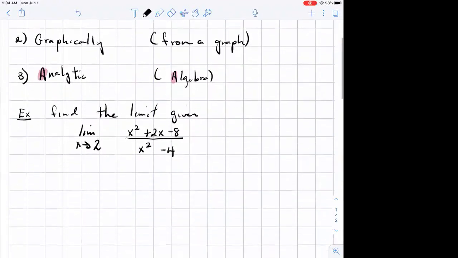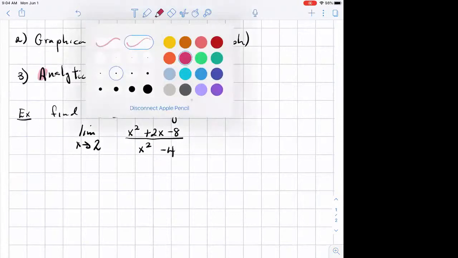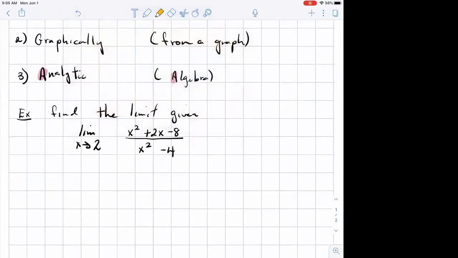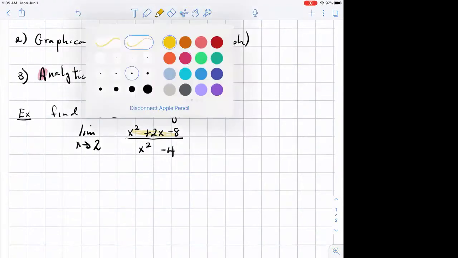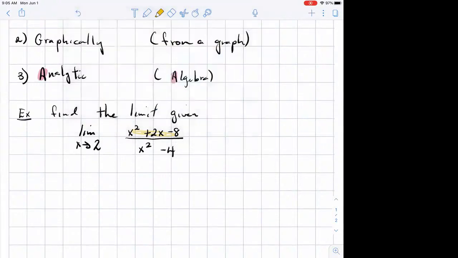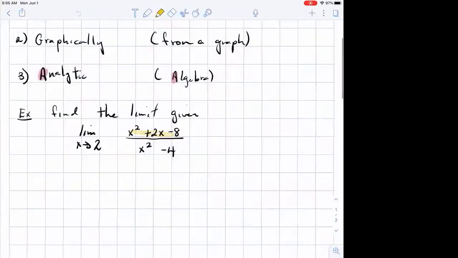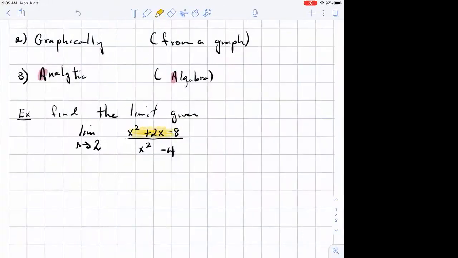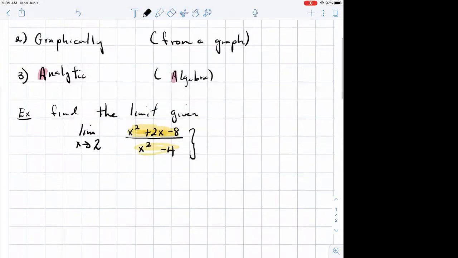So pay attention, please, because this is an easy process, but for some reason sometimes we get lost in it. First of all, before you even look at the numerator and the denominator, this is basically your f of x, the function.